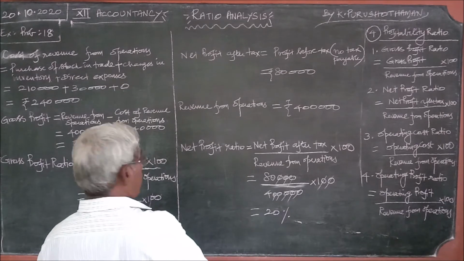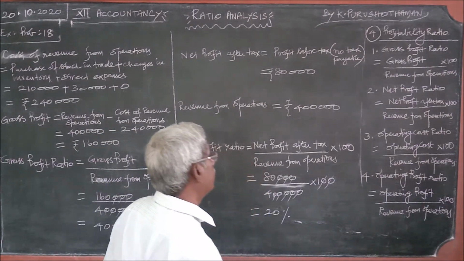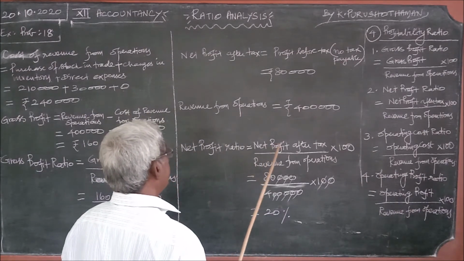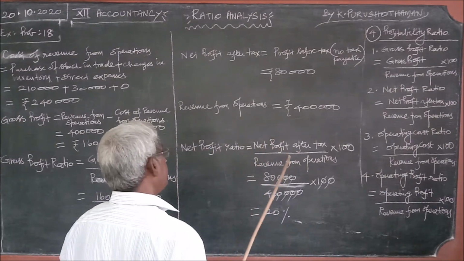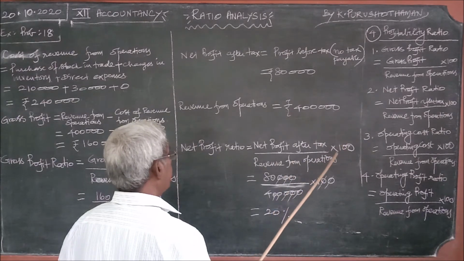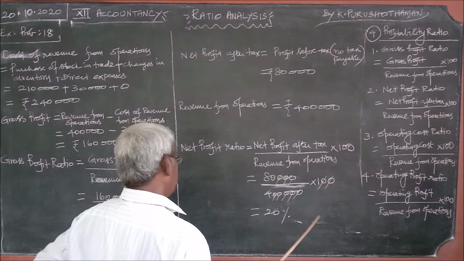This is 20%. Once again, I repeat the two ratios. Regarding the net profit ratio, net profit ratio is equal to net profit after tax by revenue from operations into 100. Revenue from operations given as 4 lakhs, no problem.